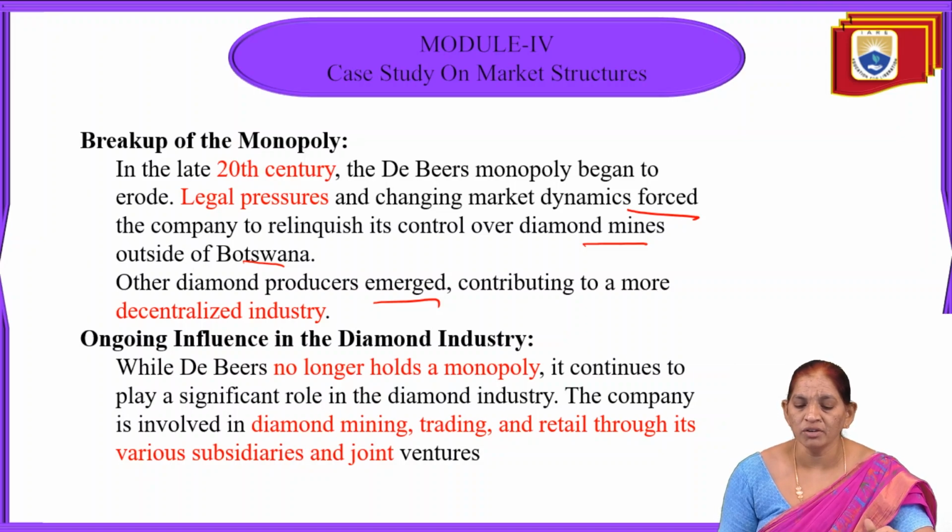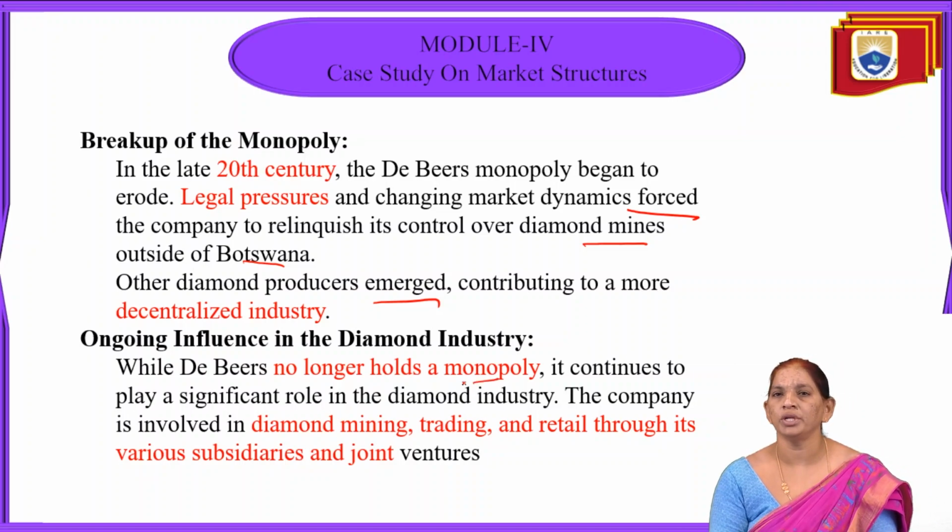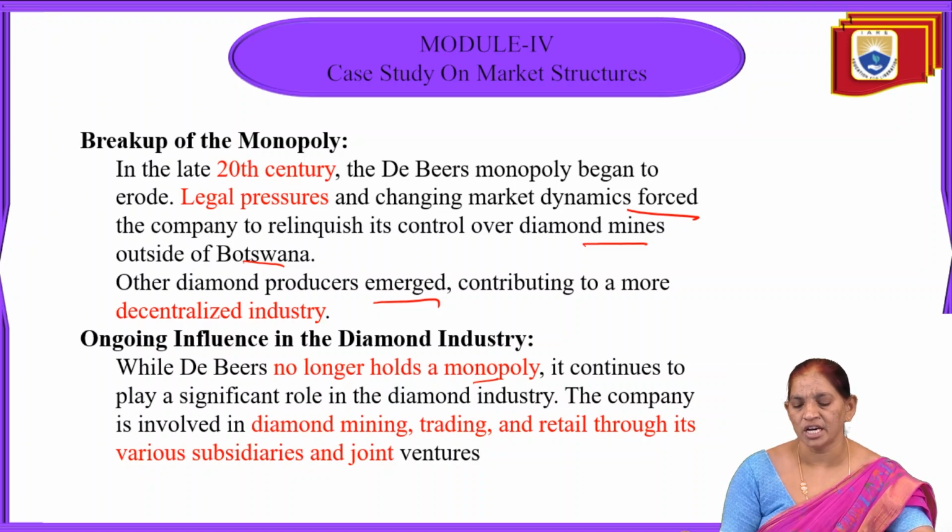So, ongoing influence in the diamond industry. While De Beers no longer holds the monopoly, it continues to play a significant role in the diamond industry. Maybe it doesn't have the monopoly over diamond manufacturing and the distribution network, but it has a tremendous role in the diamond industry as it contributes more to the diamond sector.